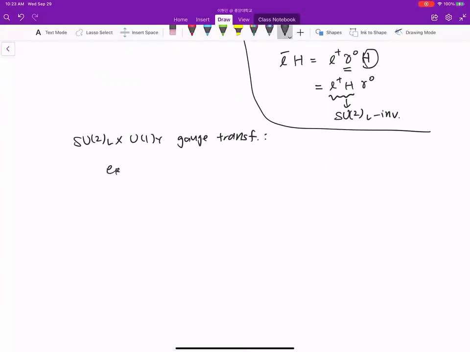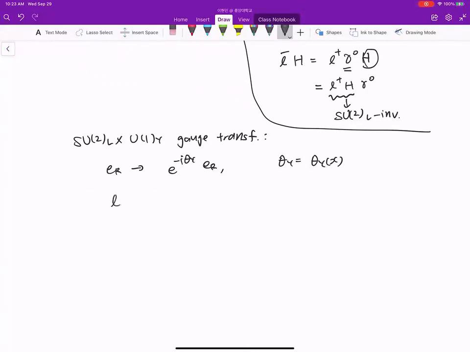So e_R is an SU(2) singlet, but e_R transforms under the hypercharge. So theta_Y is a gauge transformation parameter that depends on space-time, which is a local transformation.